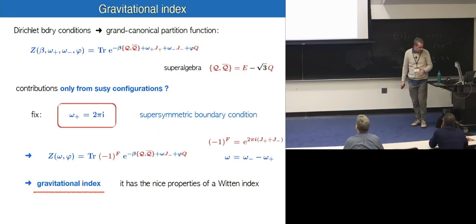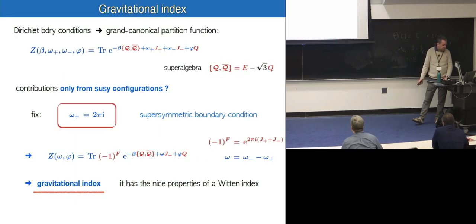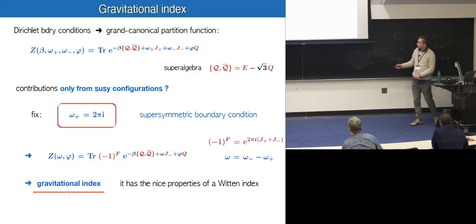So if we fix the Dirichlet boundary conditions, we have this grand canonical partition function. Here I'm using the superalgebra to define this supersymmetric Hamiltonian. And we want a partition function that only receives contributions from supersymmetric states. This is not the case in the original partition function here, even if I'm using this anticommutator of the supercharges, since it receives contribution from all possible states.